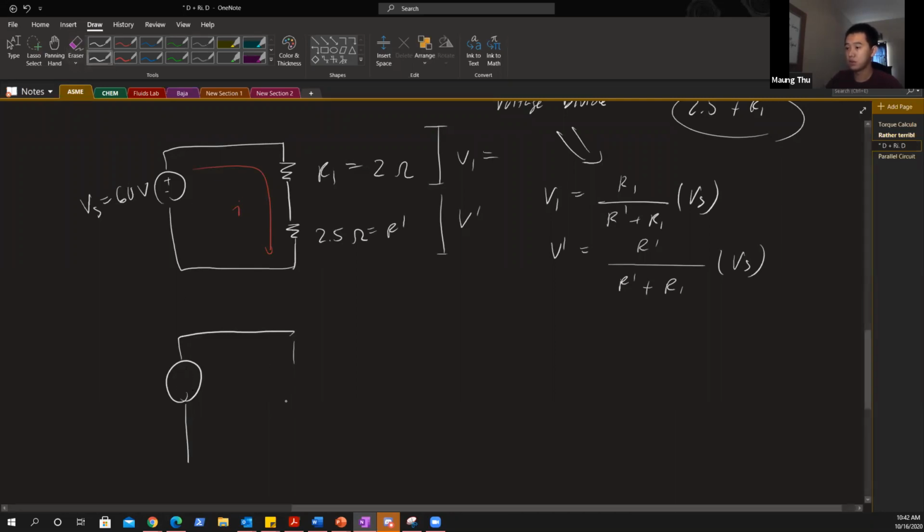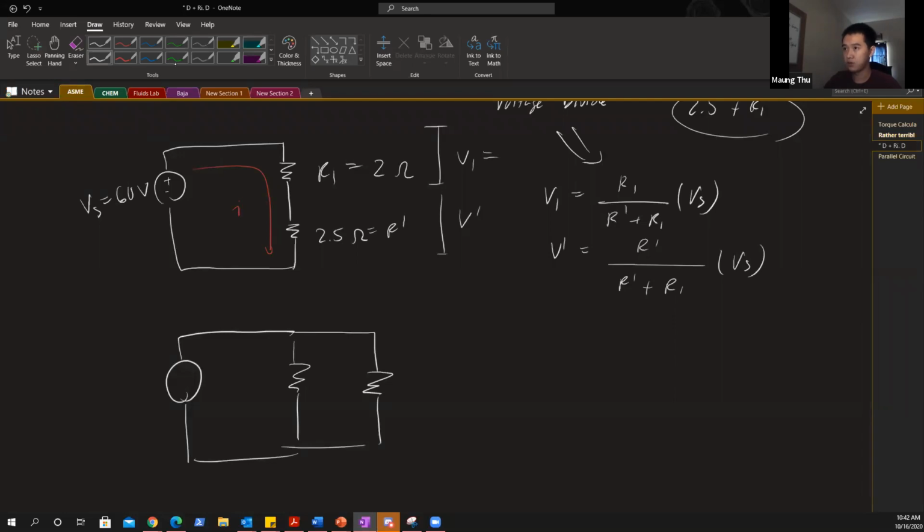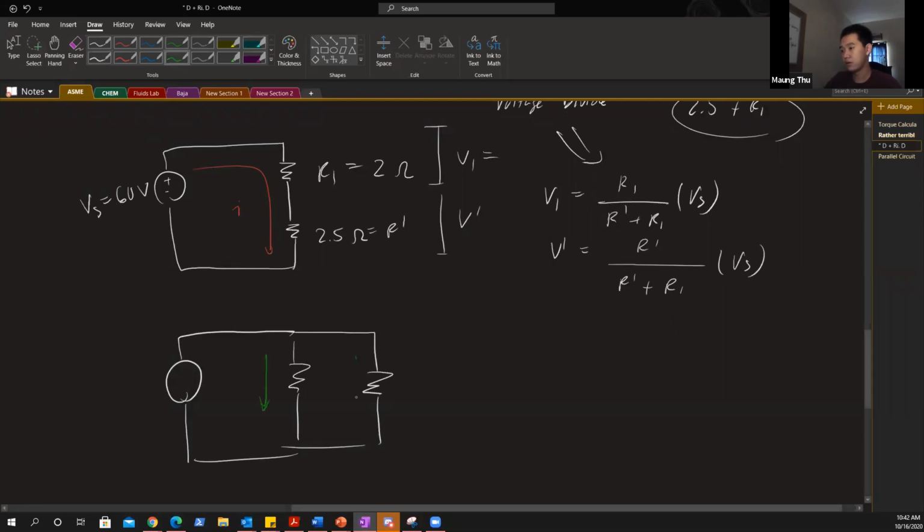Okay, you have resistance, and there's a current that goes through here. Current goes through here. Current 1, current 2, R1, R2. Okay, and this is your current source, I source.